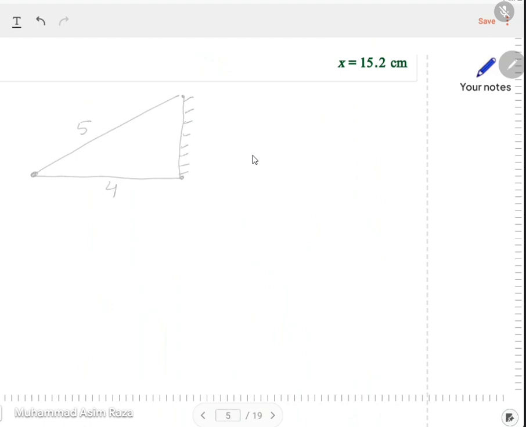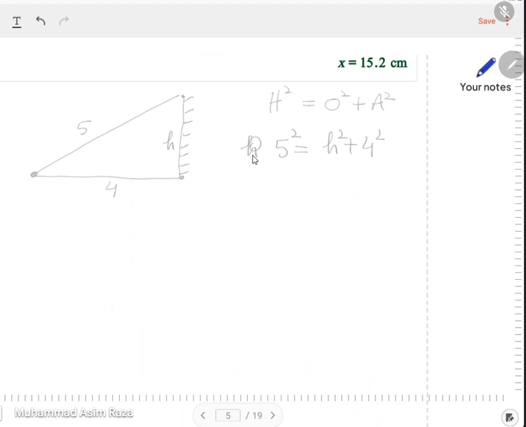Whenever the examiner gives you a word problem, you should make a shape of it. He would say, what is the height of the wall? So this is the height of the wall. Again, same thing we will do. We will say 5 square is equal to h square plus 4 square, because we have learned that hypotenuse square is equal to opposite square plus adjacent square.